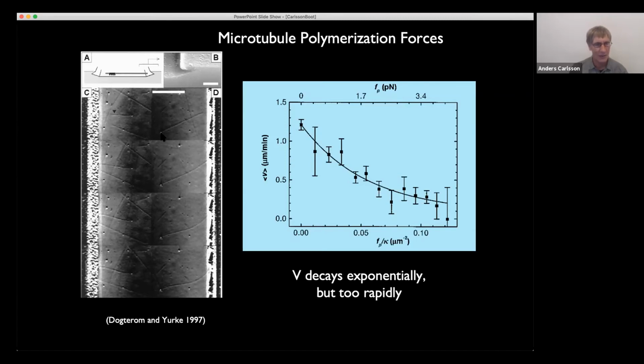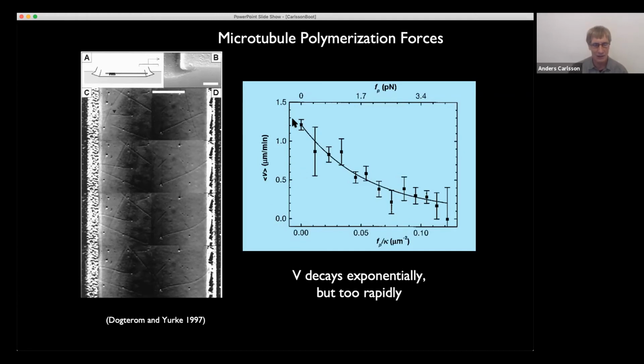And especially if you go down here, you see here's your straight microtubule, and now it hits the edge there. This thing has gone over and hit there, hits the edge, begins to bend, and then it bends farther and farther. And because we know mechanics, we're able to figure out how much force is required to bend the microtubule. But we can also look at the total length of this microtubule as a function of time, so that gives us the velocity.